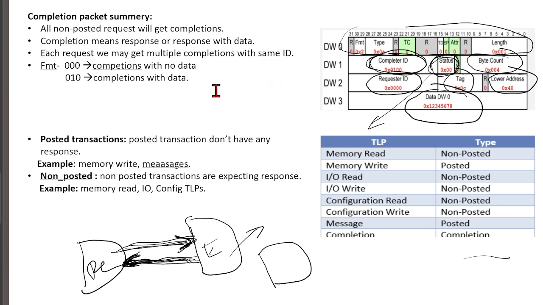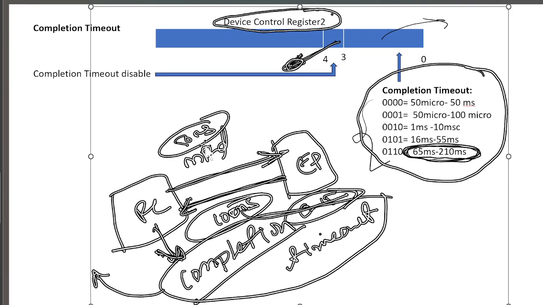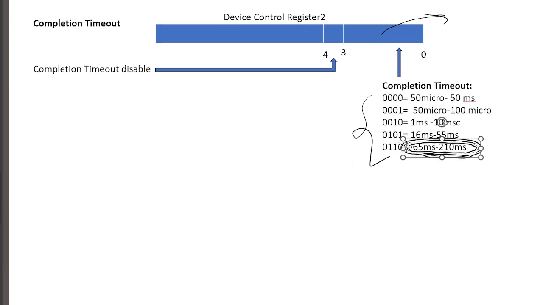Sometimes we'll see completions such as unsupported request, maybe configuration retry status, and some other types of packets. If you go through the MindShare book PDF once, you will understand completions more clearly. Then I covered in this video the completion timeout, how the RC will generate completions based on the requirements, and how we can do the encoding based on the time you need. Sometimes you need to give a completion timeout within a certain boundary, so you have to do the encoding accordingly.